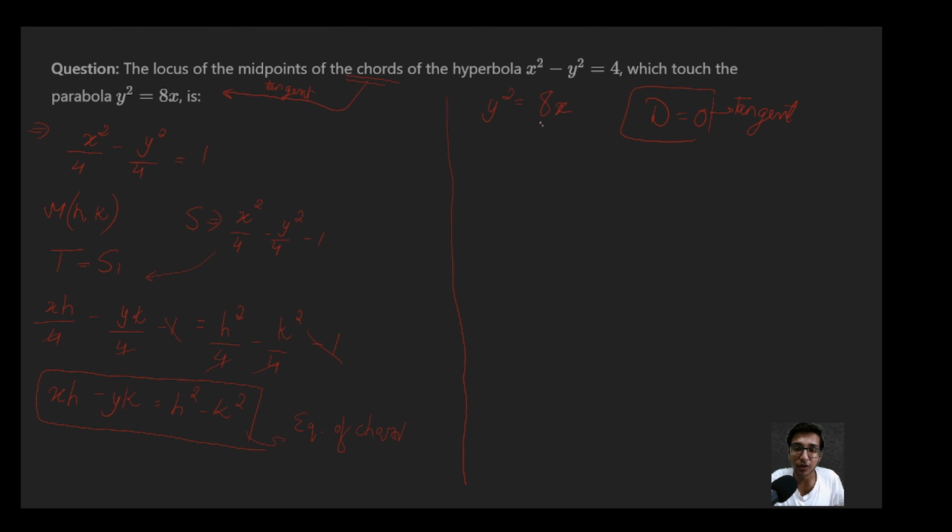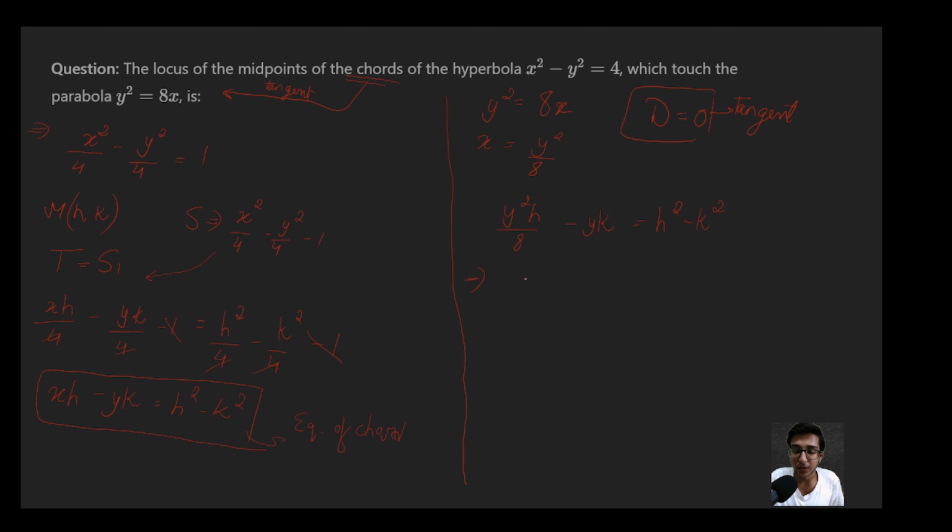So let us use that formula here. From here we can say that x is equal to y square by 8. So let us replace x in this equation. We would get y square h by 8 minus yk is equal to h square minus k square.